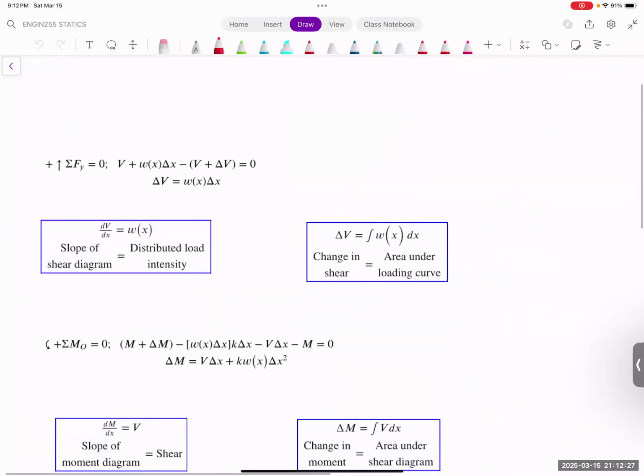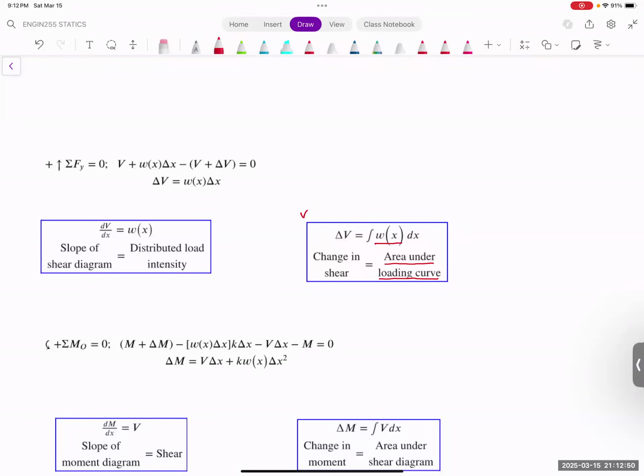So here, the 9.3 just tells you when you want to find the change of the shear, it is actually looking at what is the area under the loading curve. If you have distributed load, then you will have this value.